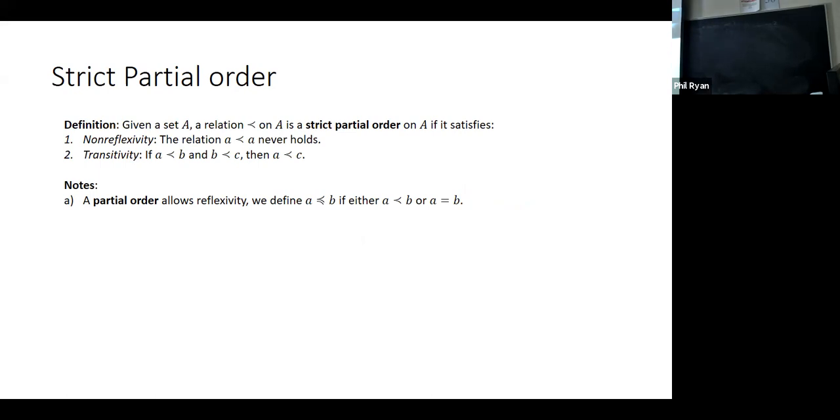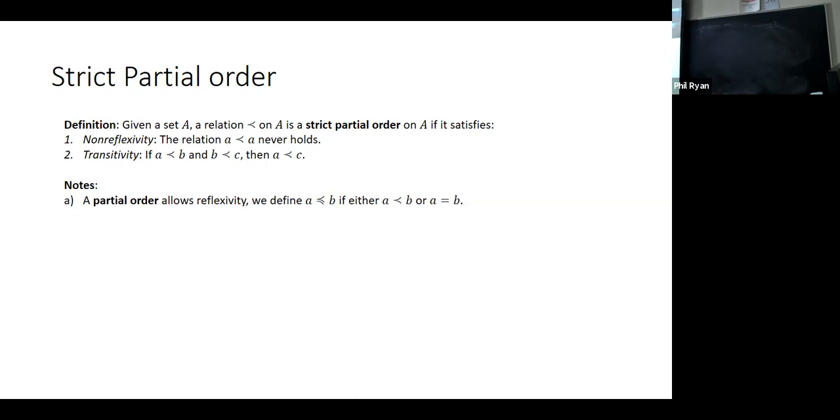Okay, so a strict partial order just means the strict comes from non-reflexivity, which means that A can't be less than A. Transitivity holds, and you go from a strict partial order to a partial order if you allow equality.